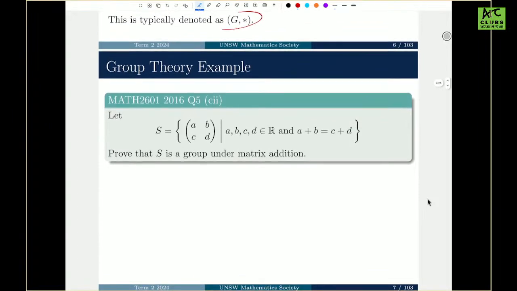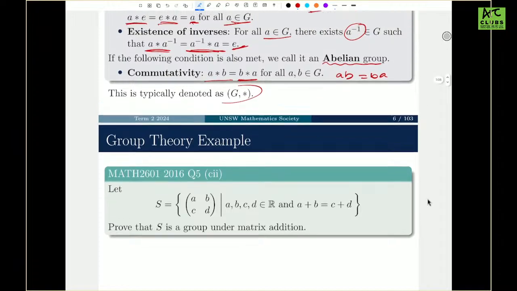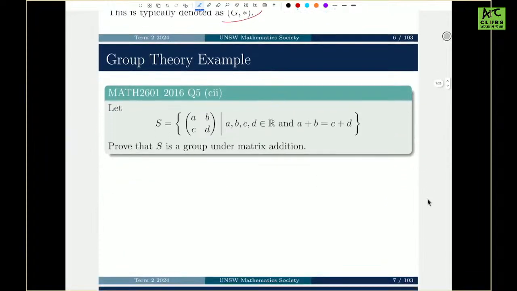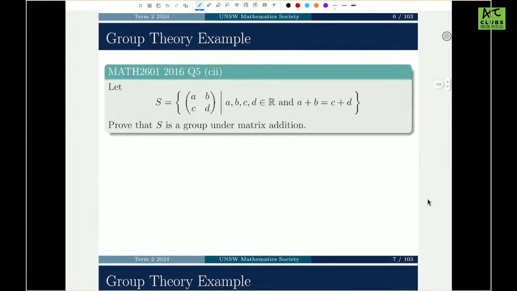So here's an example. We have this set defined like so, the set of 2D matrices. Let's try to prove it's a group under matrix addition. If we check our axioms, the first thing we can look for is closure under addition. In reality, we know that there are some well-known groups. The reals under addition is a well-known group.